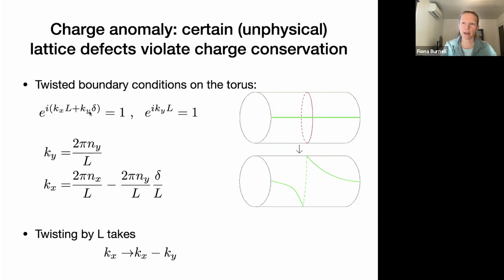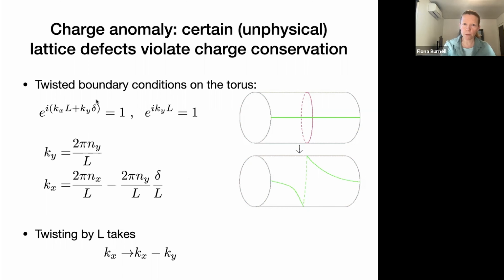And so now I can imagine sort of twisting this boundary condition by adding in my condition for x, some kind of twist delta proportional to ky, okay? So this is a boundary condition that I can choose, and when I do that, the allowed values of ky are 2 pi ny over L, and the allowed values of kx are 2 pi nx over L minus this shift here, okay?